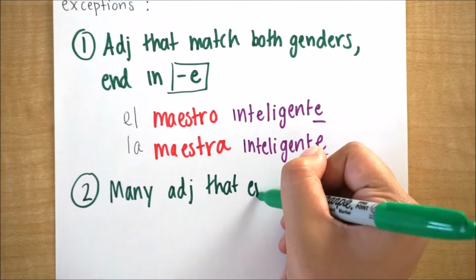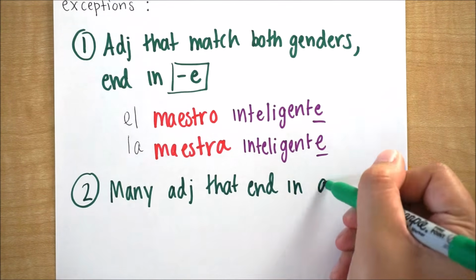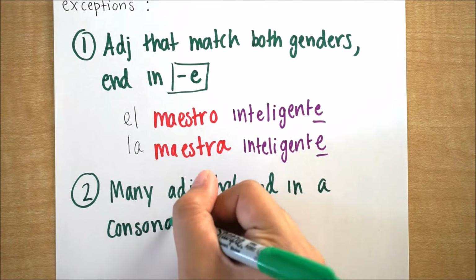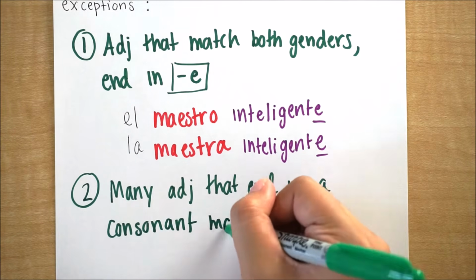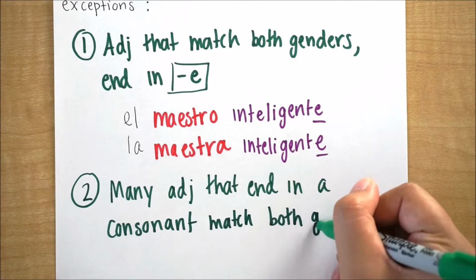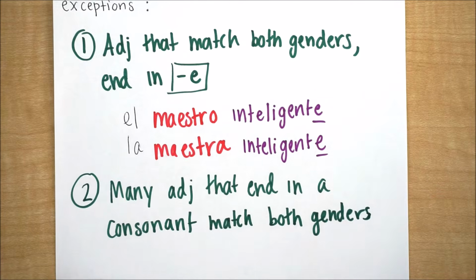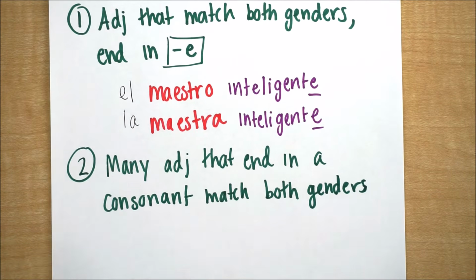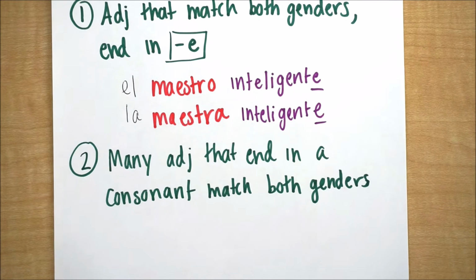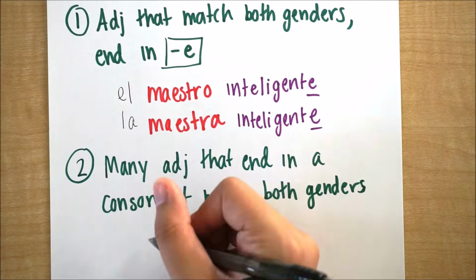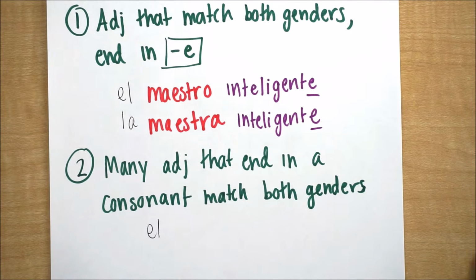These are special cases. The next one is that many adjectives that end in a consonant. So what's a consonant again? That means it doesn't end in a vowel. Our vowels are A, E, I, O, and U. If it doesn't end in a vowel and it ends in a consonant, it matches both genders, similar to exception 1.